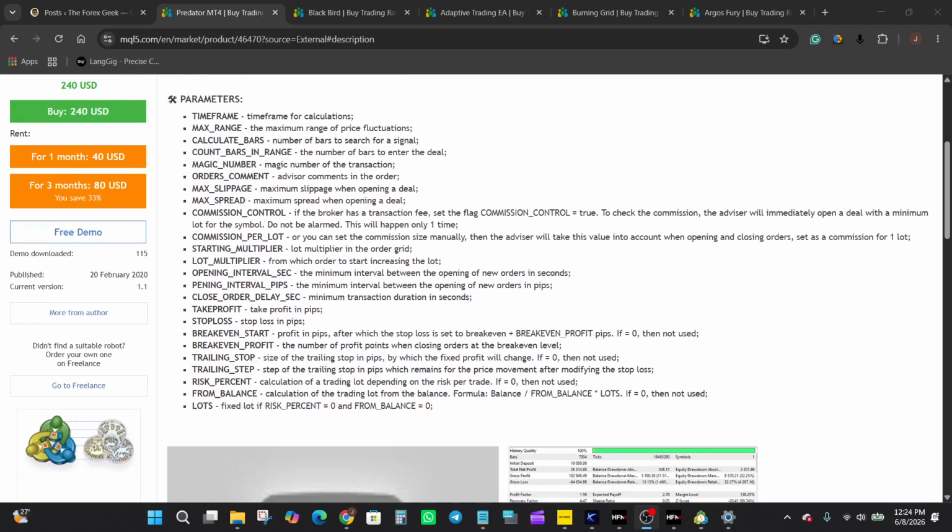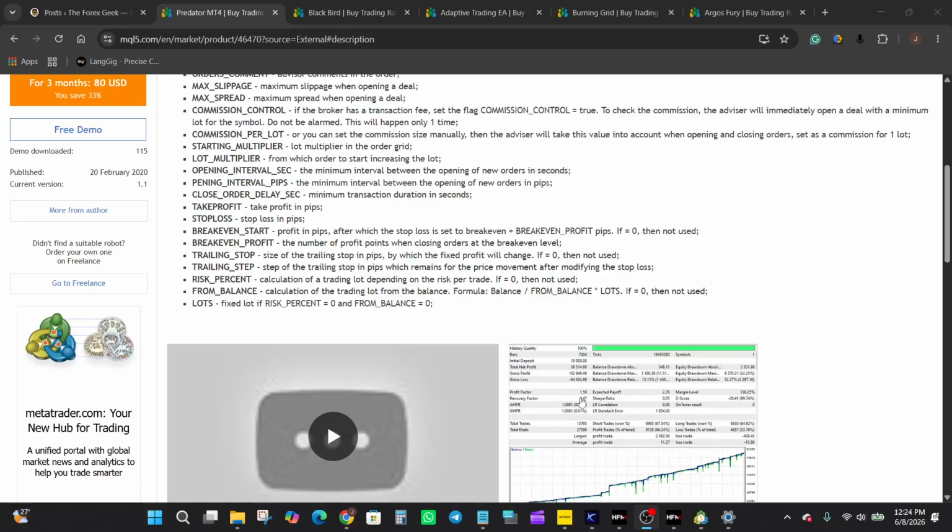Okay. Now, shifting into the backtest section, I'm just going to look at how the EA behaved over the historical period shown on the page here, and after that we are still going to go into our strategy tester to analyze the EA.